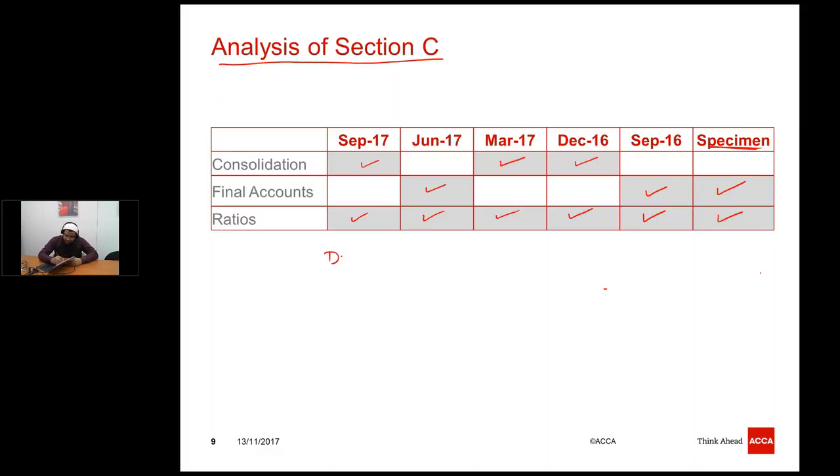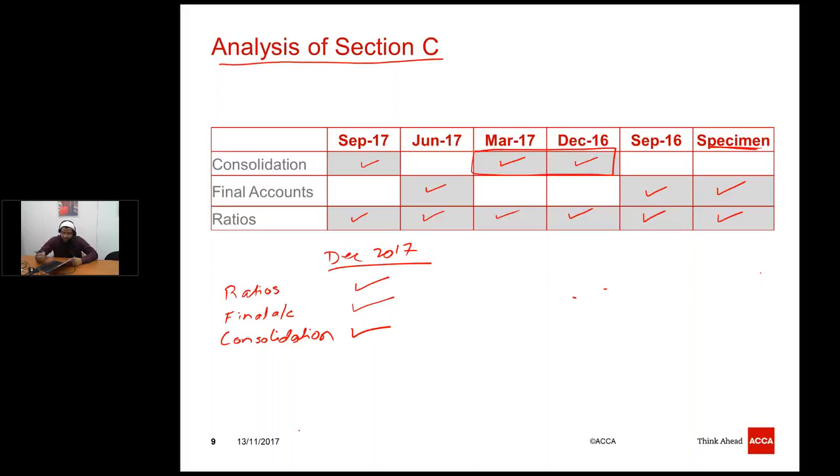Now, for December 2017, I would say that you should expect a ratios question to be there. Ratios question will be there. And with this, the higher chances are of a final accounts question with the ratios, but you should also expect a consolidation question, because if we see, the consolidation was repeated in December and March, so it may be repeated again in September and December.